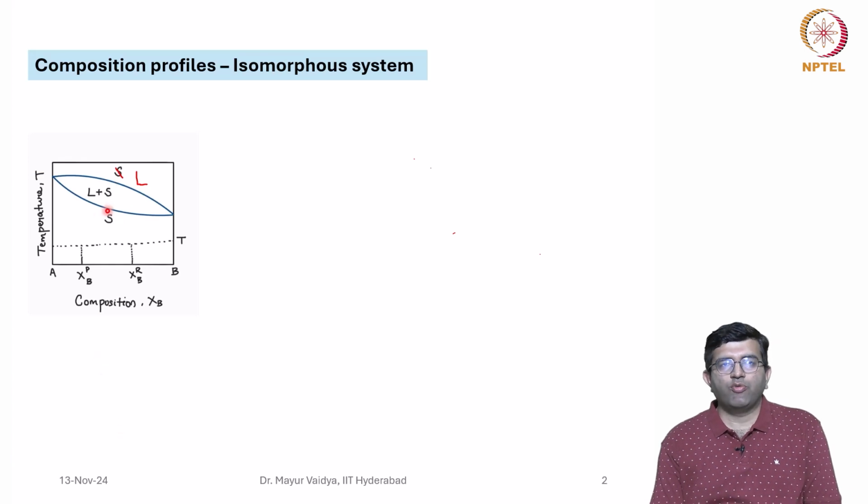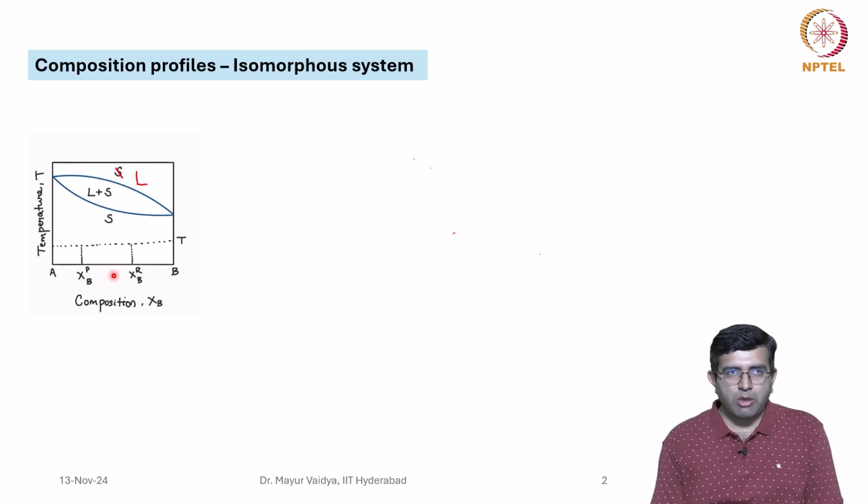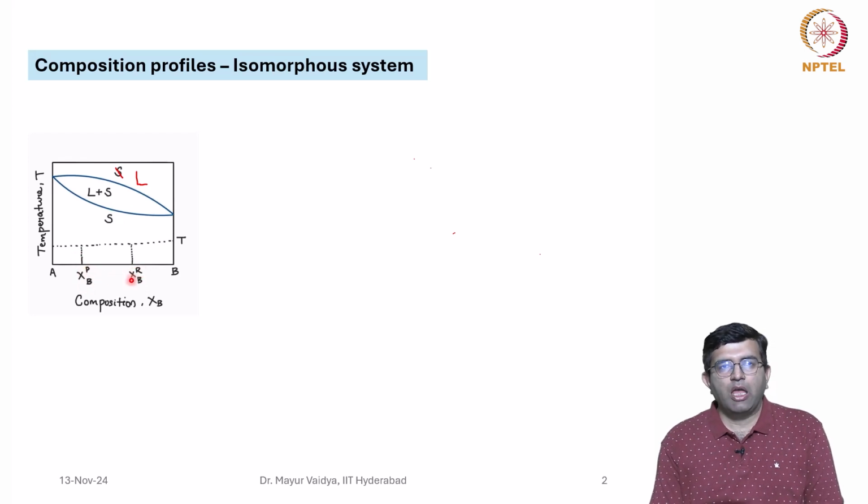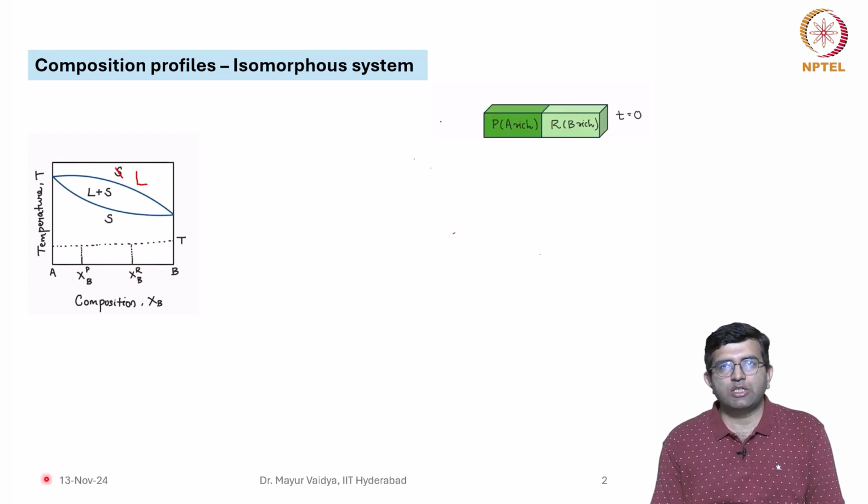Now with such an isomorphous system between A and B, let me choose two alloys. One alloy P, which has the composition XB P here, and another with the composition XB R. So these are the two alloys. Let me form a diffusion couple using these two alloys.